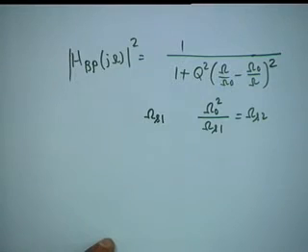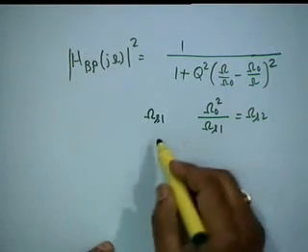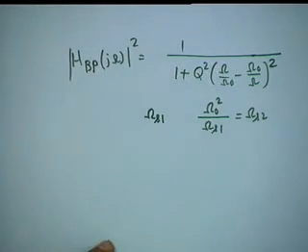The two frequencies which are related by this relation, that is omega S1 times omega S2 equal to omega 0 squared, the magnitude is the same, which also demonstrates geometric symmetry. This is another way of saying that at the same attenuation, the two frequencies are geometrically symmetrical with regard to omega 0.